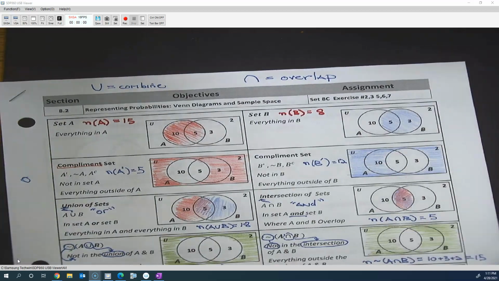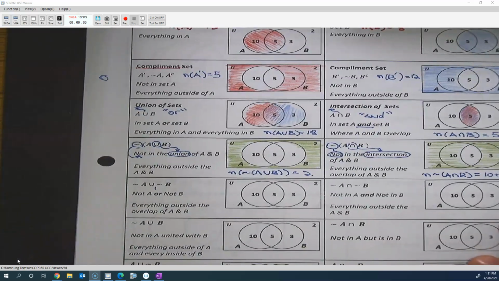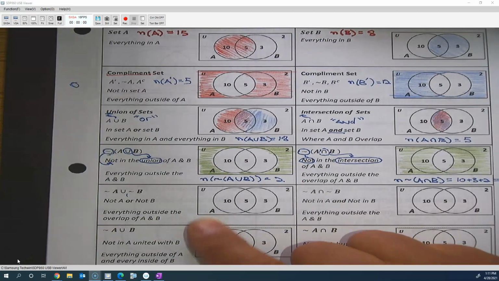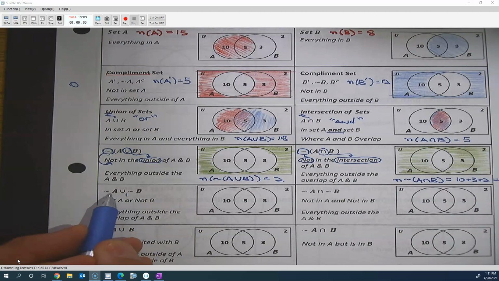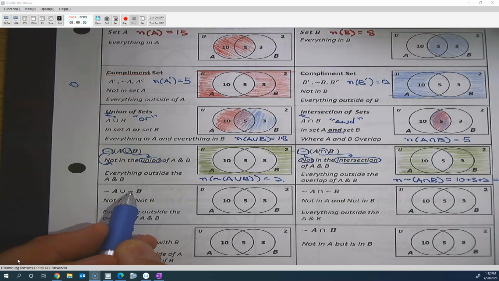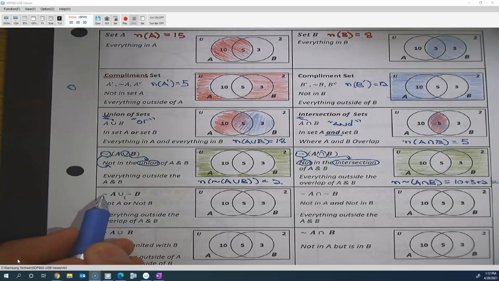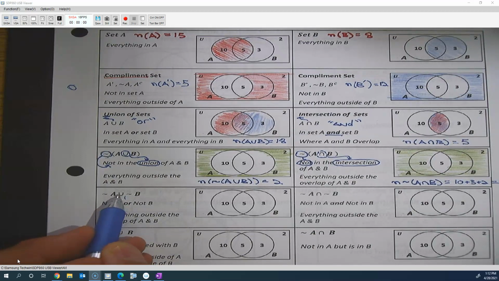Okay? So what I mean by that is if we were doing the next one here. So this says not A united with not B. Not A united with not B. So it's a union.